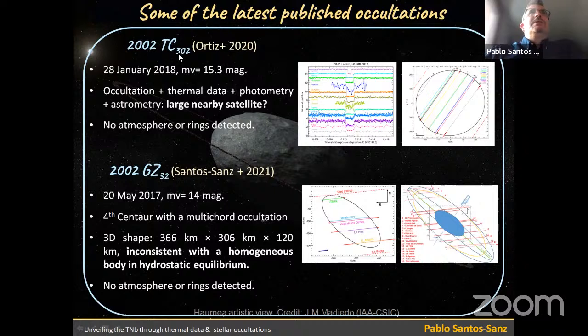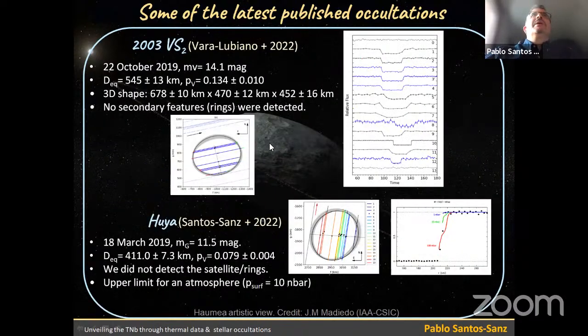This is 2002 TC302 from 2022. Also a multi-chord occultation by the Centaur 2002 GC32. Again, we obtain for some bodies that the 3D shape is inconsistent with a homogeneous body in hydrostatic equilibrium.